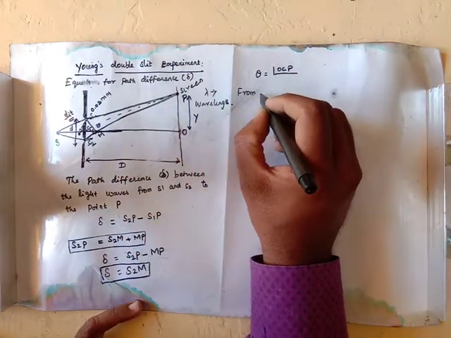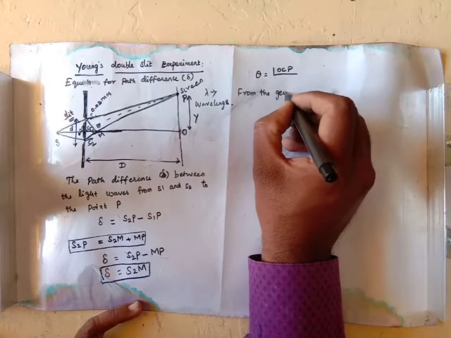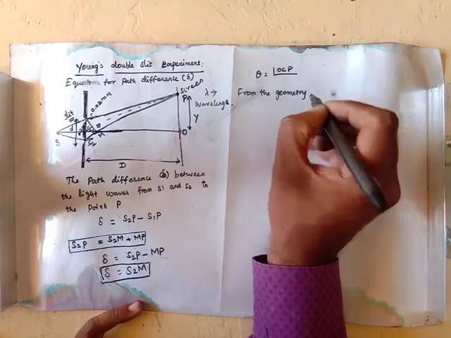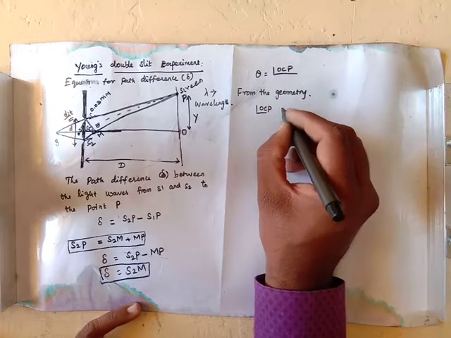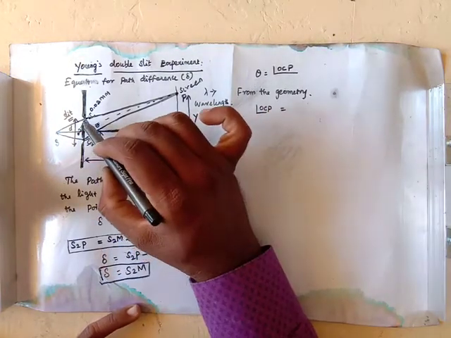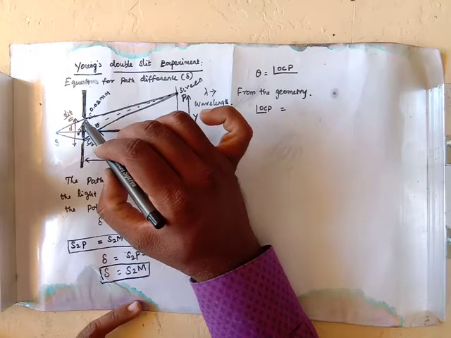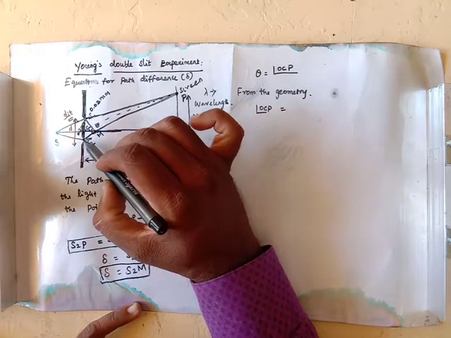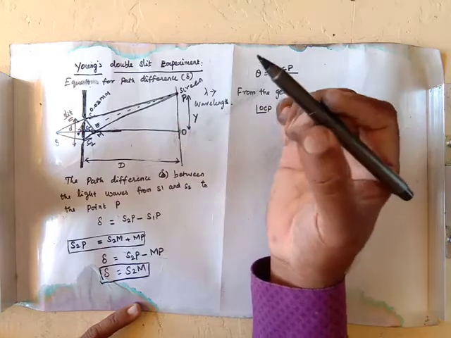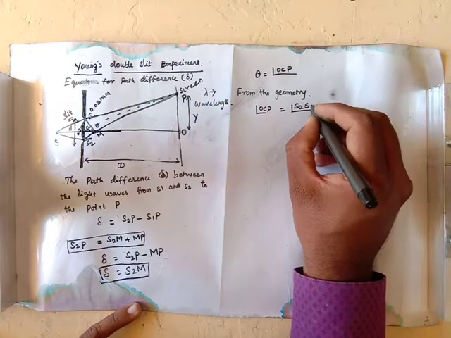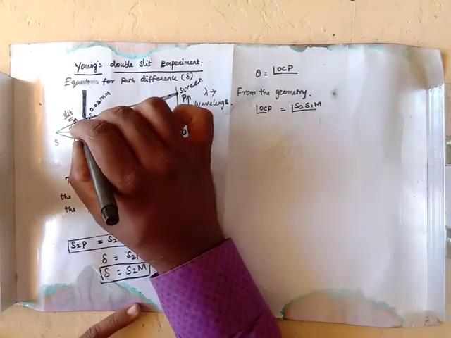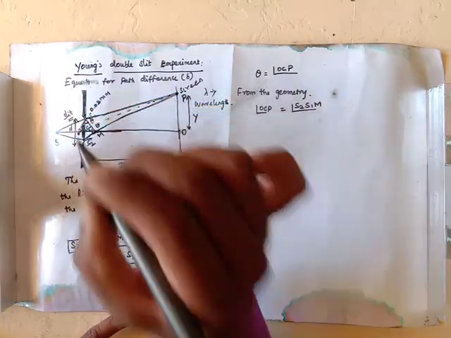From the geometry, the angle OCP is also equal to the angle S2 S1 M, which is also noted by the letter theta.